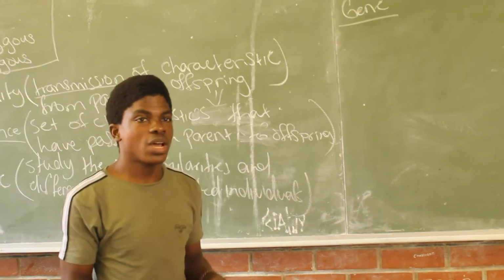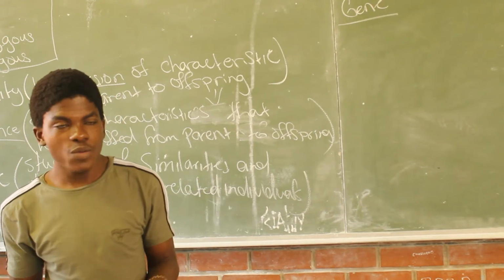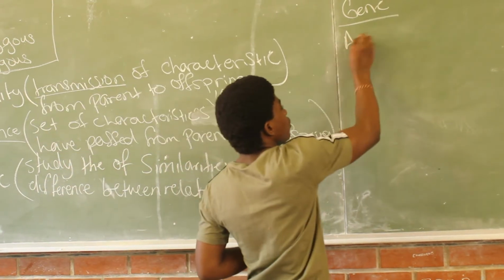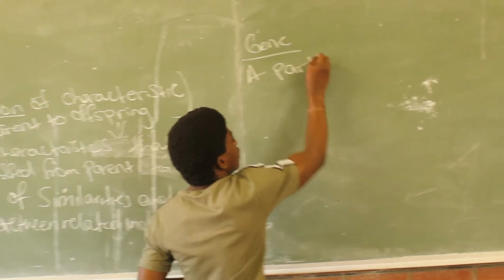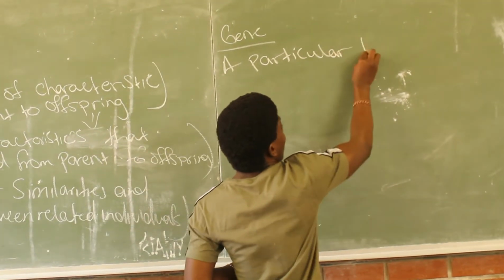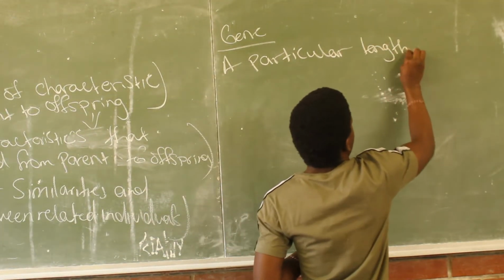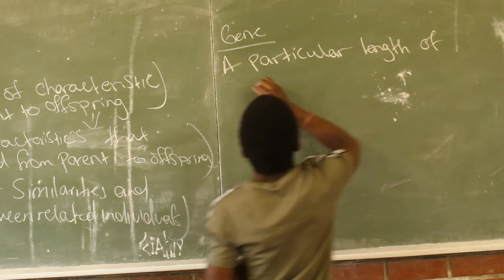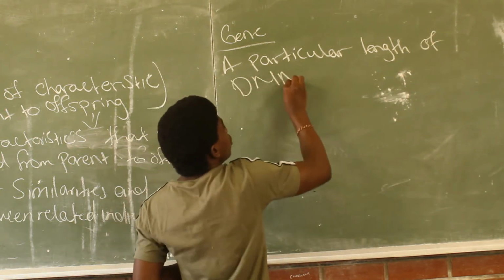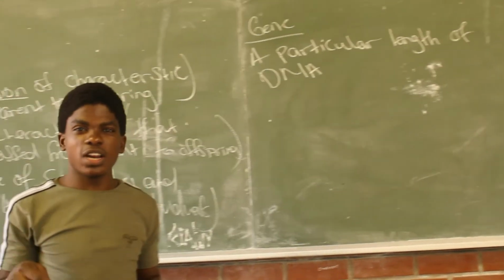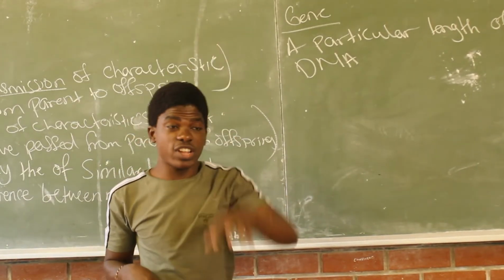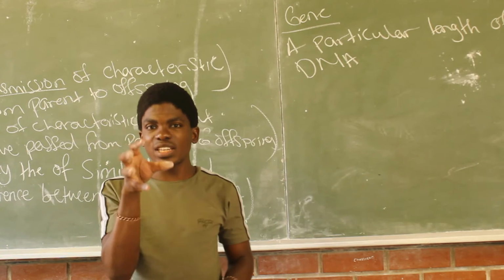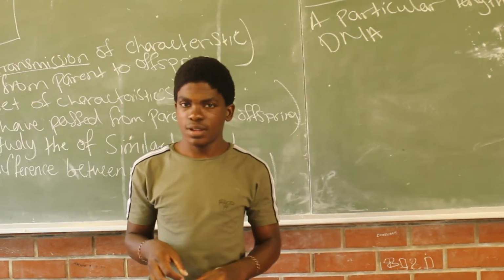That's because when we're talking about a gene, we are talking about a particular length of DNA. So in the whole DNA strand, there's a particular length of DNA.